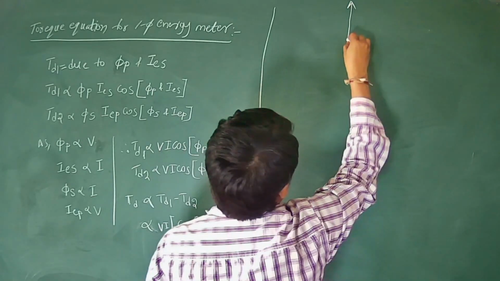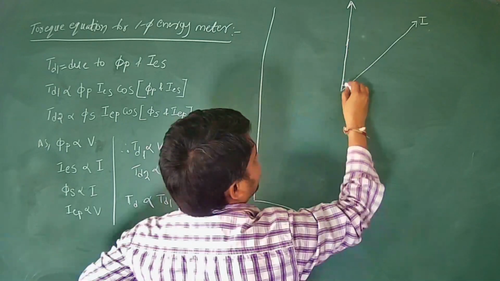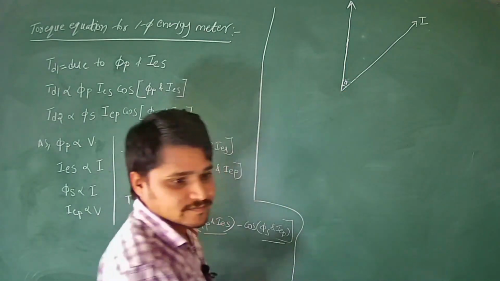Now the load current I lags the voltage by an angle phi. Let us say this is phi.